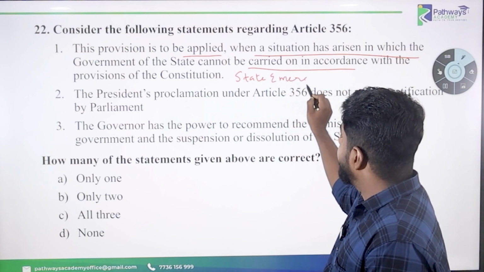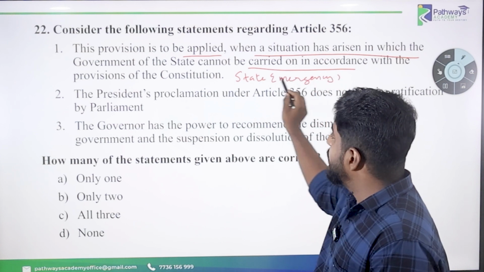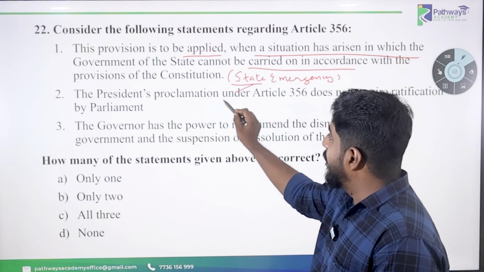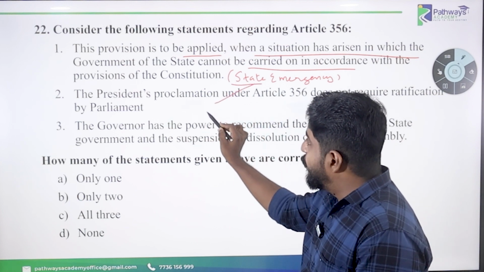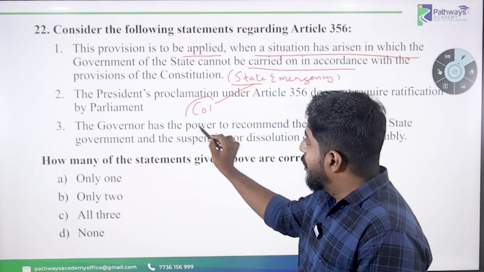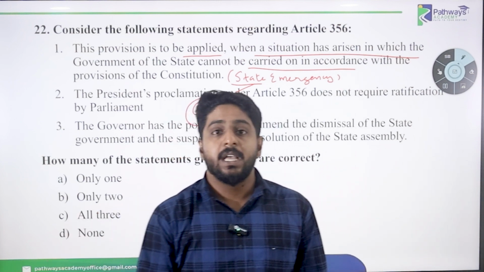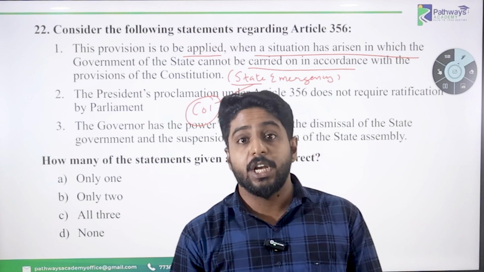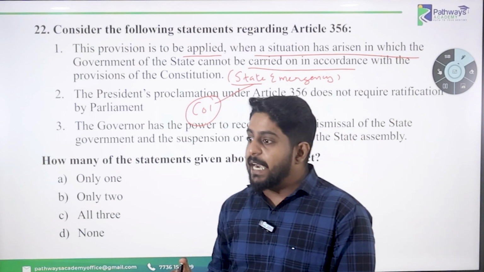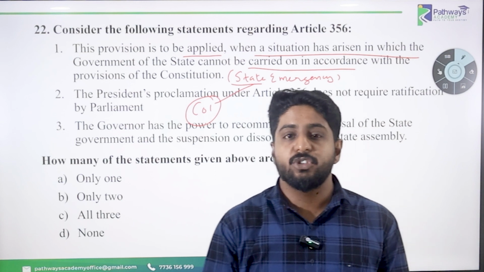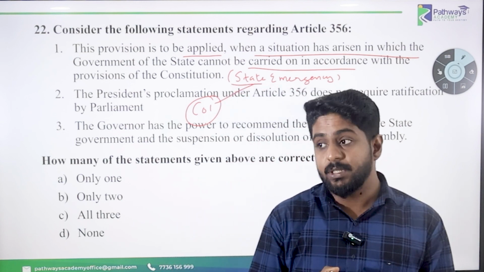Whenever the state government fails to follow the Constitution of India, or if there is a breakdown of the Constitution in one particular state, there can be imposition of President's rule. So in that regard, Article 356 is also known as state emergency.